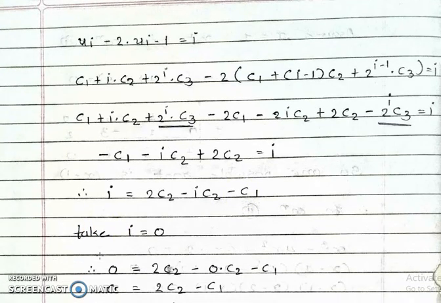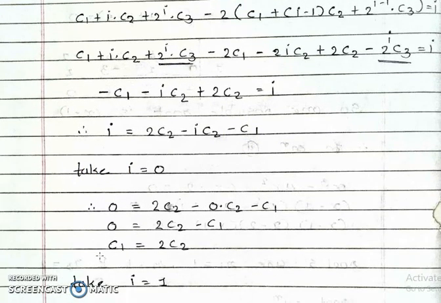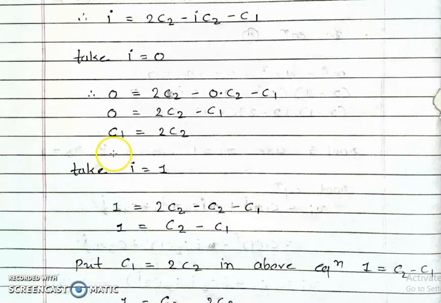Then get the values c1, c2. So we assume i equal to 0. Then put i equal to 0 into this equation and we get the c1 and c2 values. So when put i equal to 0, we get 0 is equal to 2c2 minus 0 into c2 minus c1.